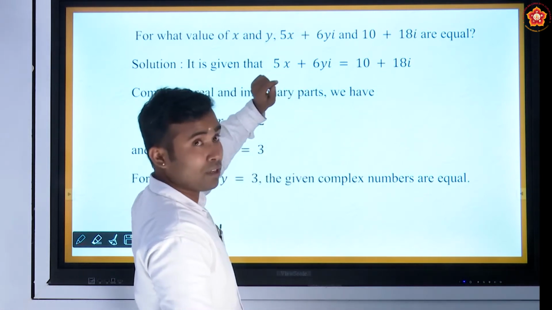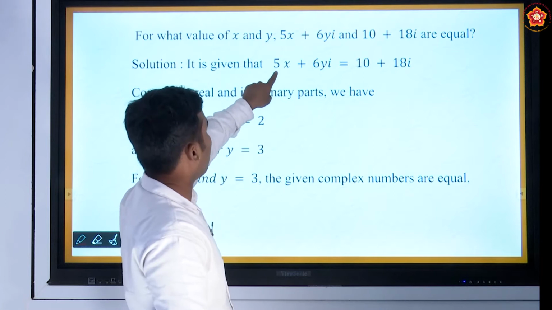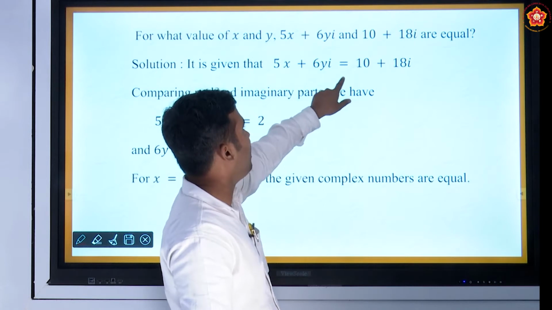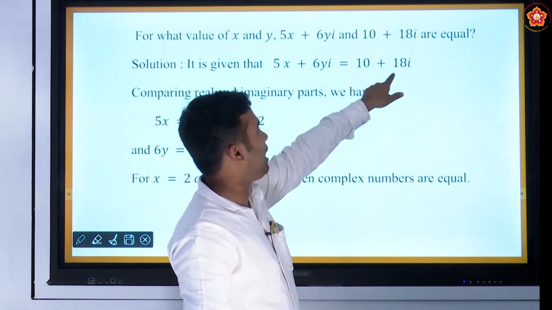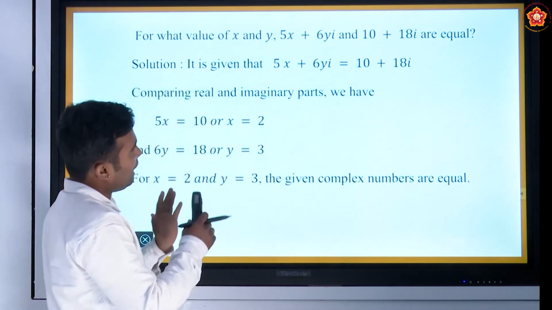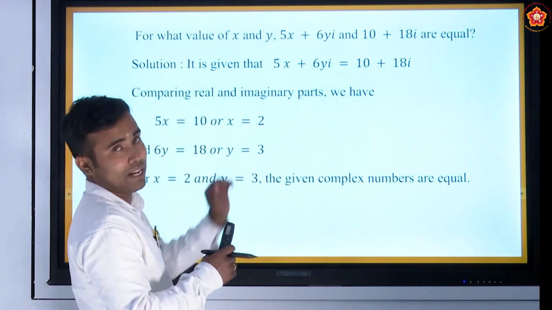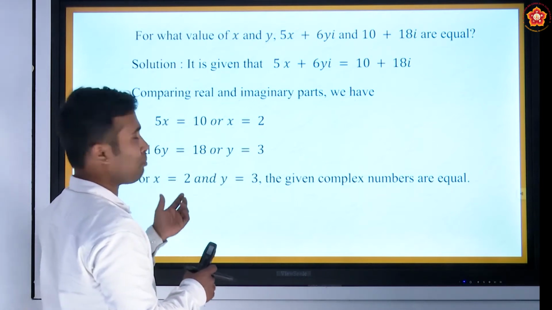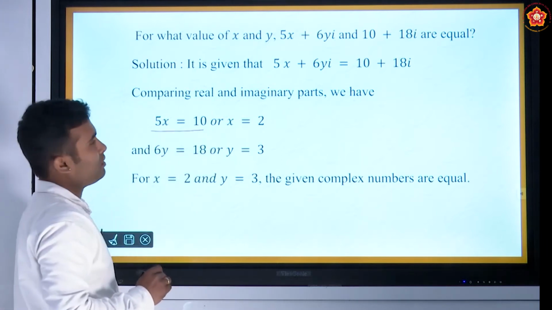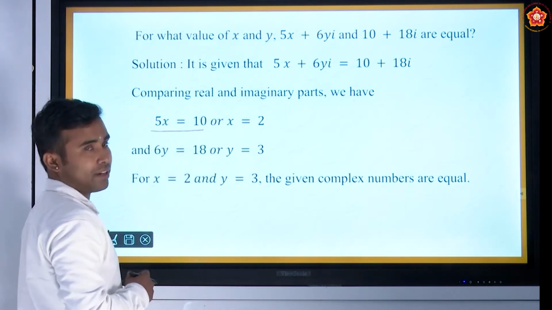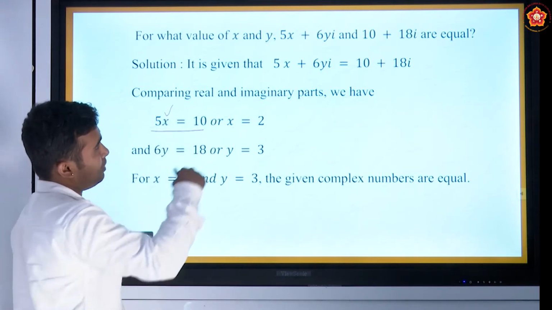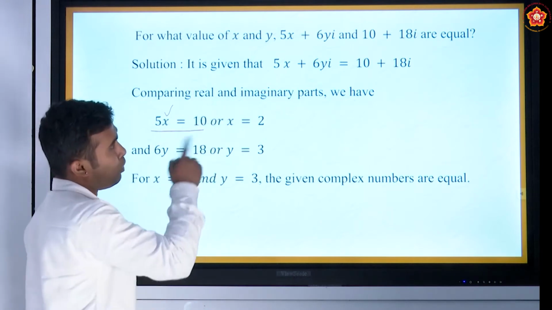Observe, the real part is 5x and the imaginary part is 6y, while 10 is the real part and 18 is the imaginary part. Then we can compare the real as well as imaginary parts of the given complex numbers.